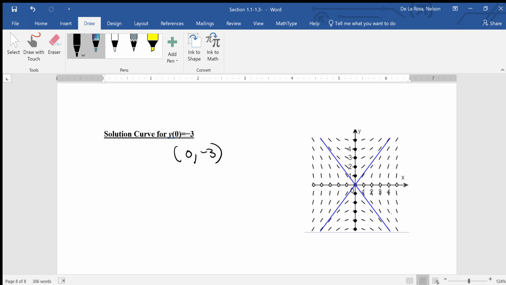It's right here, right? This point is (0, -3). So the solution is going to be like this. I'm going to draw it in red. The solution is going to have this behavior passing through the point. It's going to be like this.